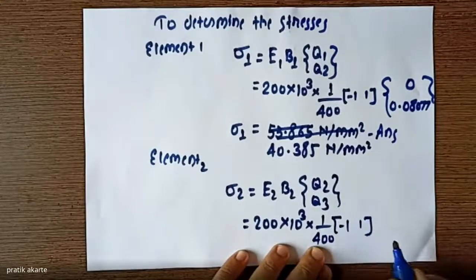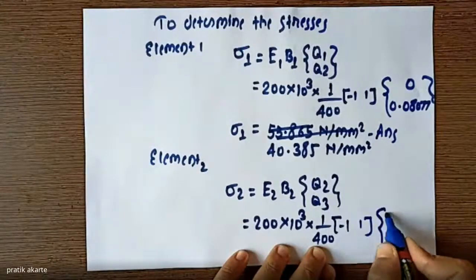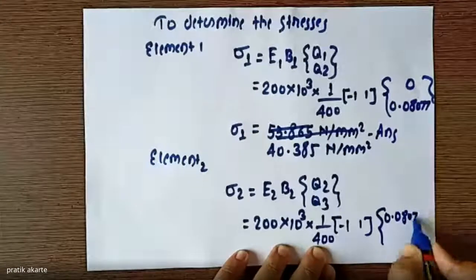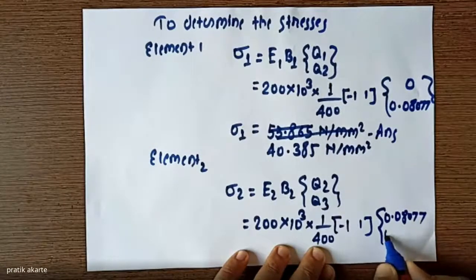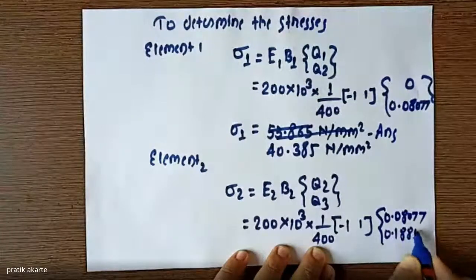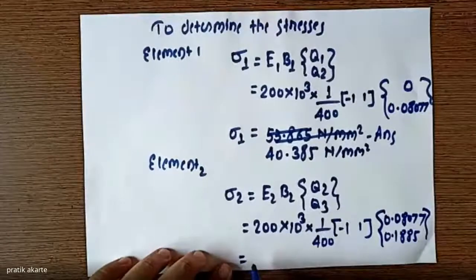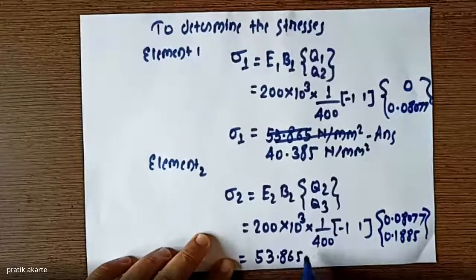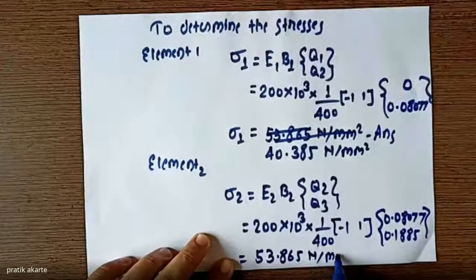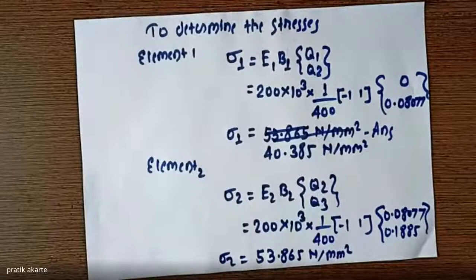So it's fine. And Q2 as 0.08077 and Q3 as 0.1885. So now I think this is coming out to be 53.865. So this is your sigma 2.